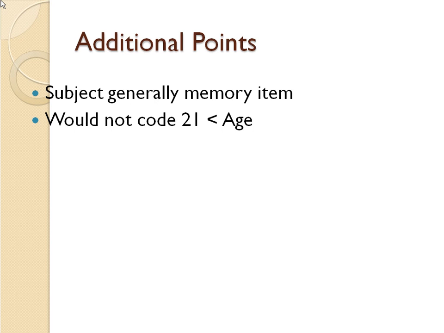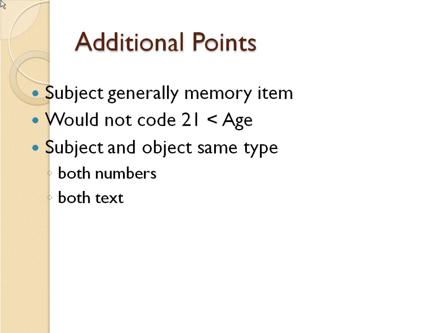The correct way to code that would be age greater than or equal to 21. Please don't get cute and try this out. If the compiler doesn't yell at you, the teacher will. We don't think that way. It gets too hard to figure it out. Age has got 15 as 21 less than... you just don't think of it in those terms.